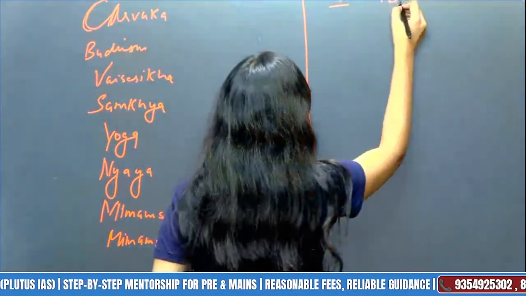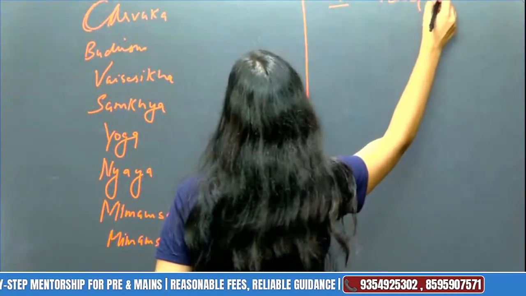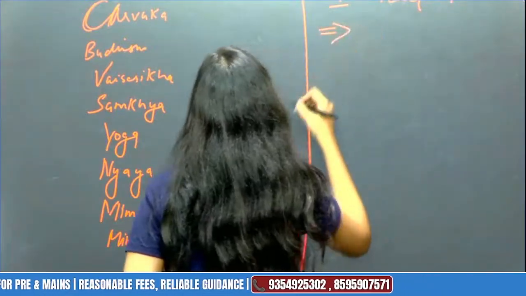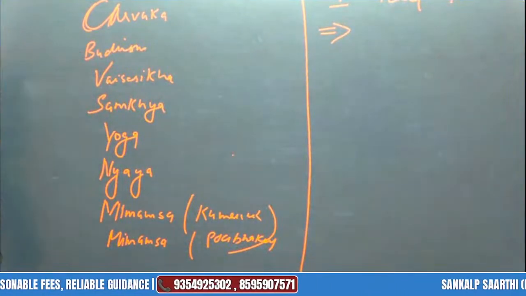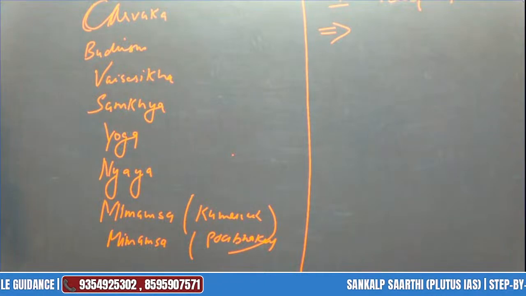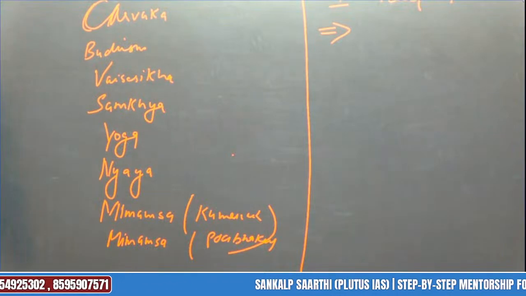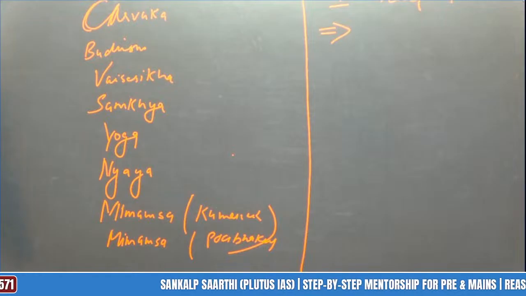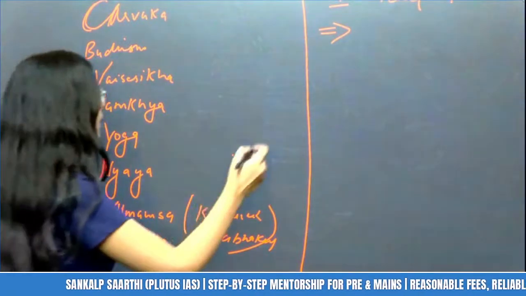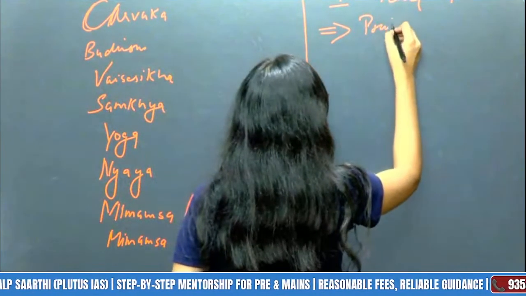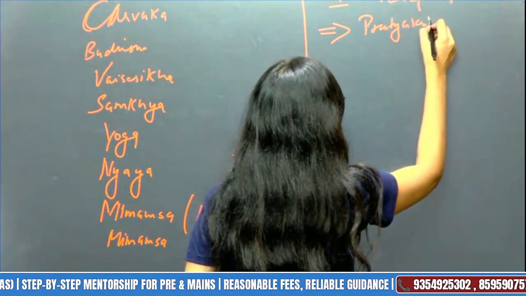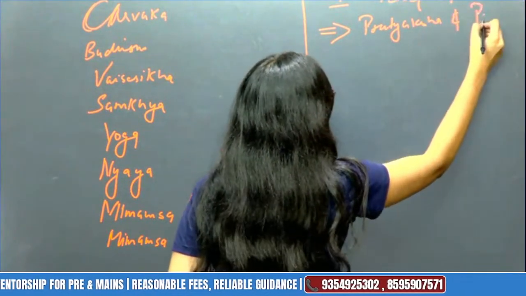Which was perception. I want quick answers. How many did Buddhism accept? Pramana and pramana phala are both the same, so basically one. No, Buddhism, Buddhist: Pratyaksha and Pramana. Yes, write it down. Two.